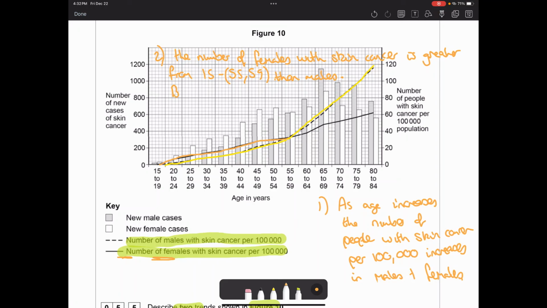But after 59, the amount of males increases steeply. So it's then accelerating and then becoming much higher. So that would be my second mark there.